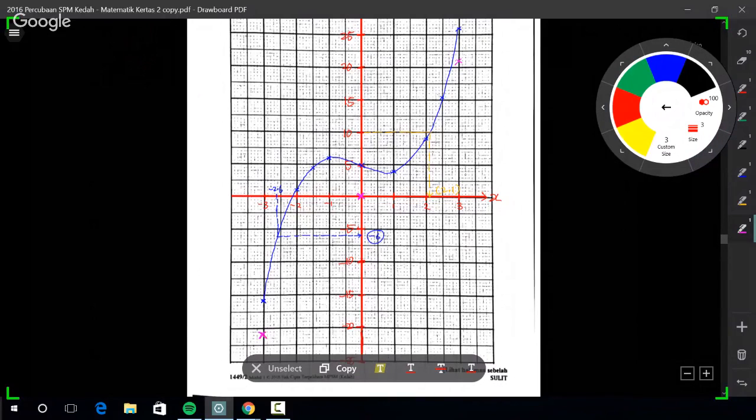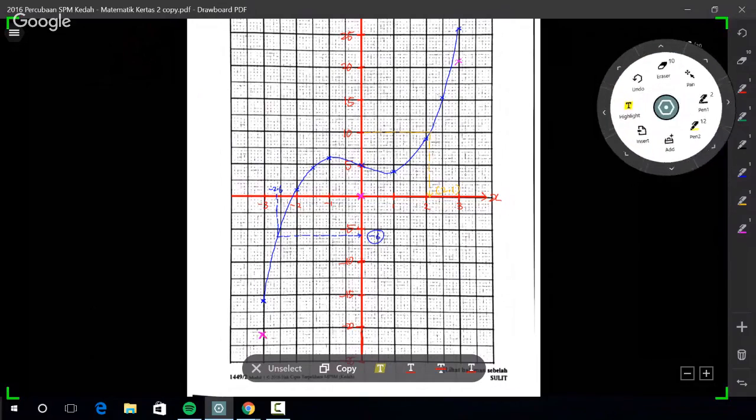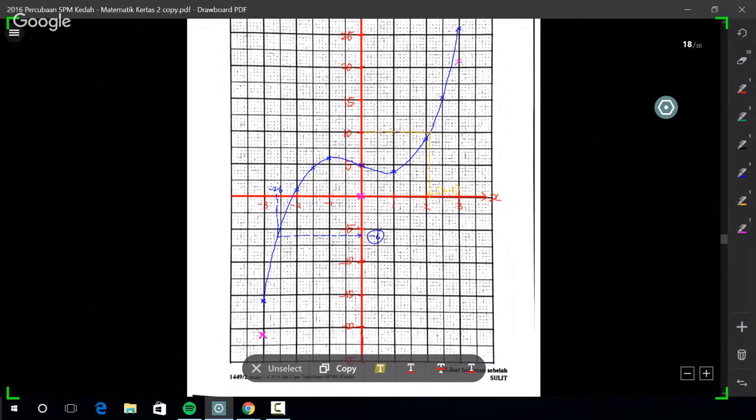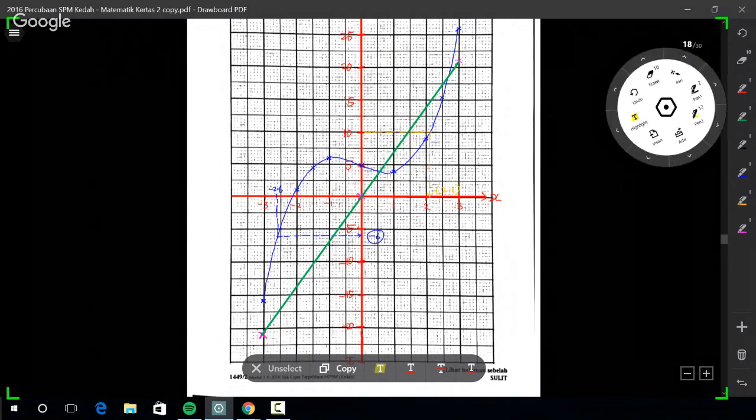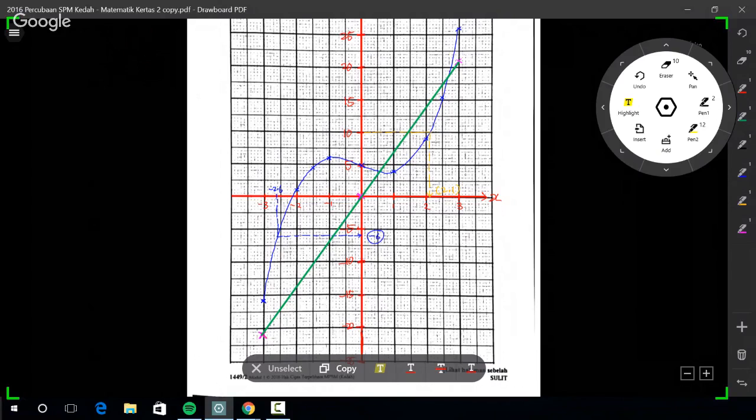Maybe I use a different color, the green one. Okay, then I will join them together. Okay, it's fine.